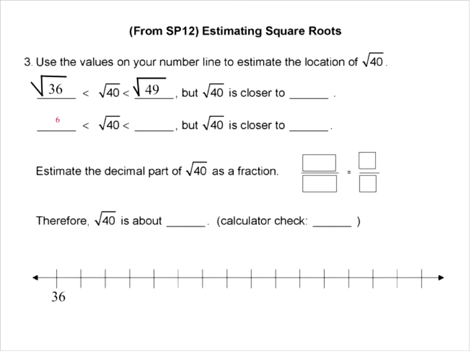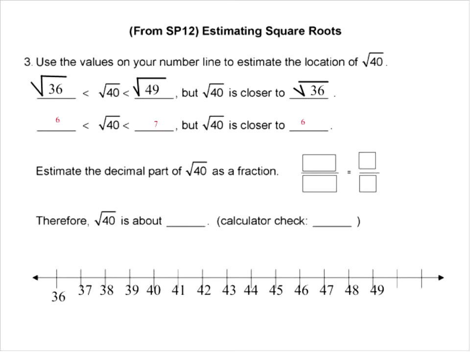Now, is the square root of 40 going to be closer to the square root of 36 or the square root of 49? 36. That is correct, which means that the square root of 40 is going to be closer to 6. Happy face if you agree, sad face if you disagree.